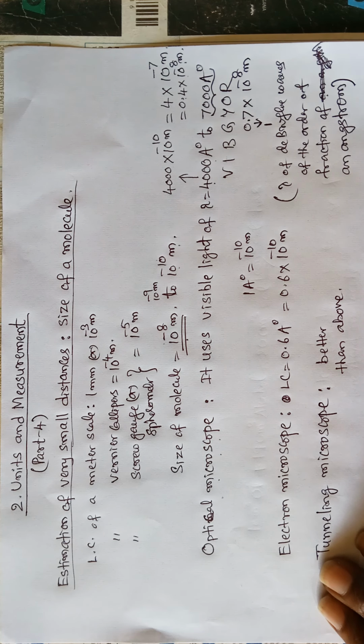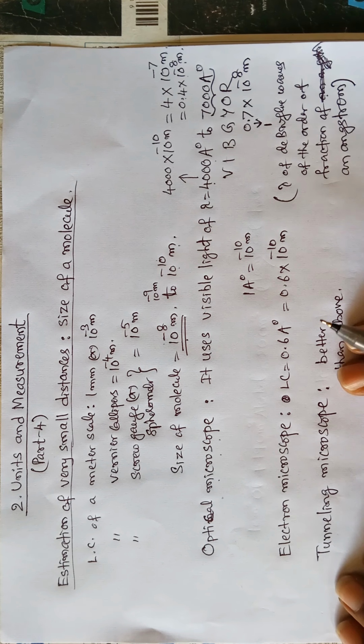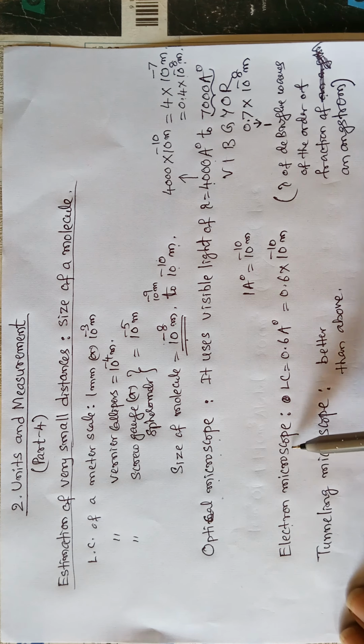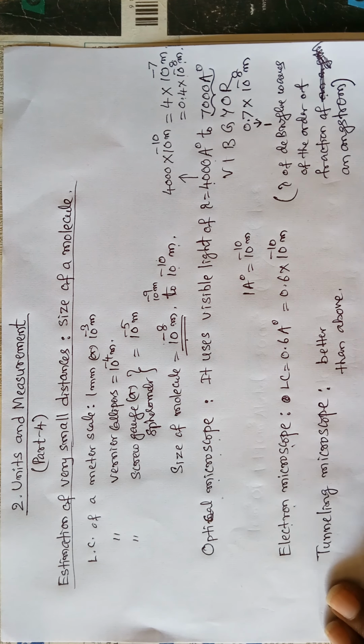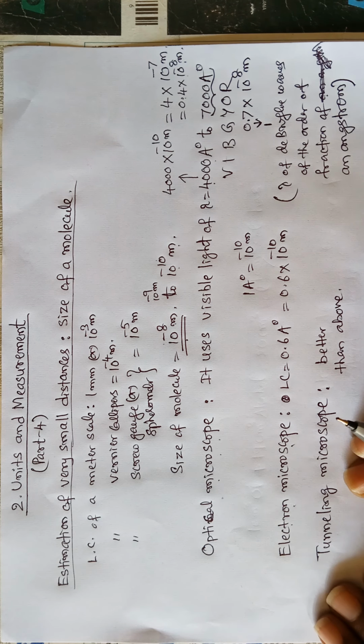That's why later on the electron microscope was developed. See, in this electron microscope, electrons are first collimated into a sharp beam, and afterwards applying some voltage, they are accelerated.